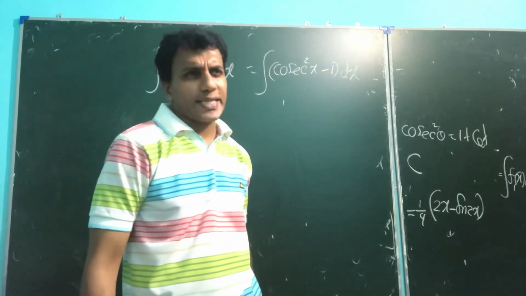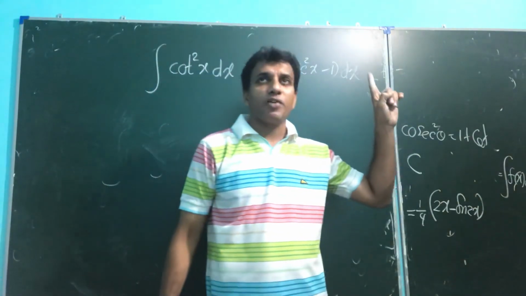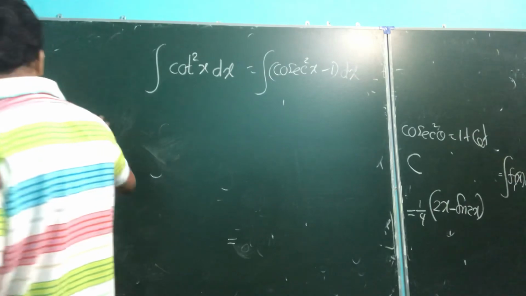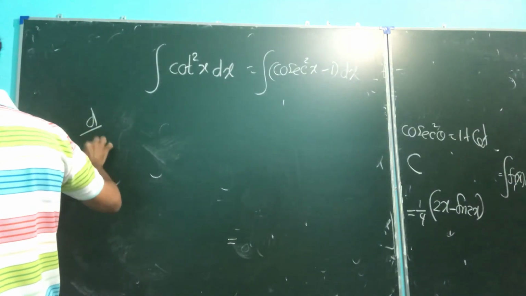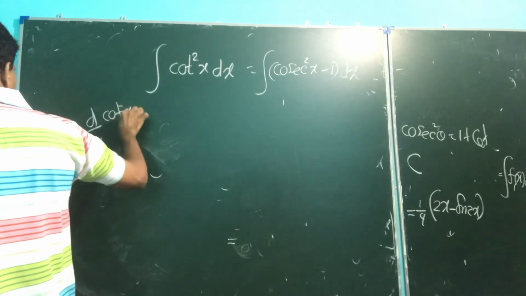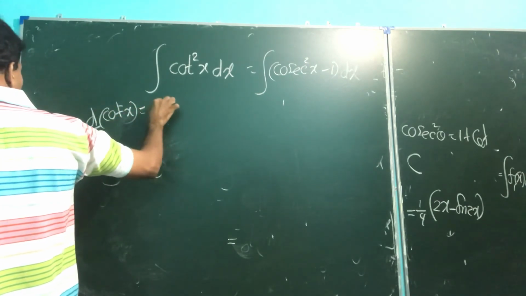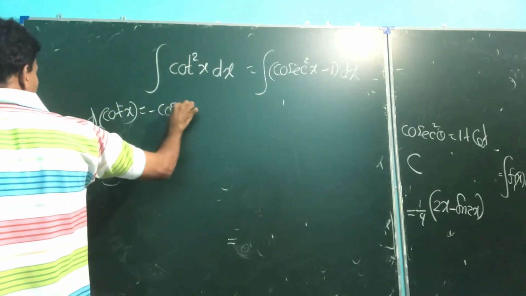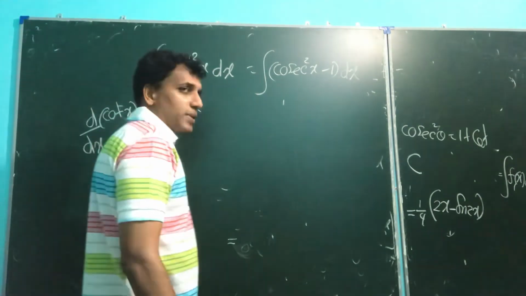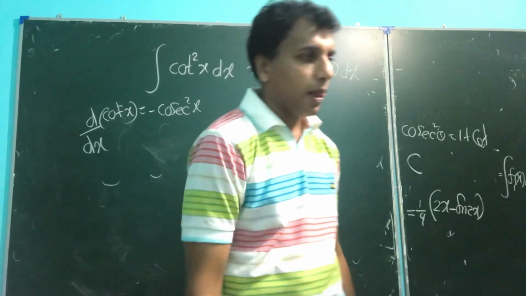What is the differentiation of cot x? Minus cosec square x. I worked this earlier this morning. The differentiation of cot x is minus cosec square x. It is not used as often, but we cannot forget it.